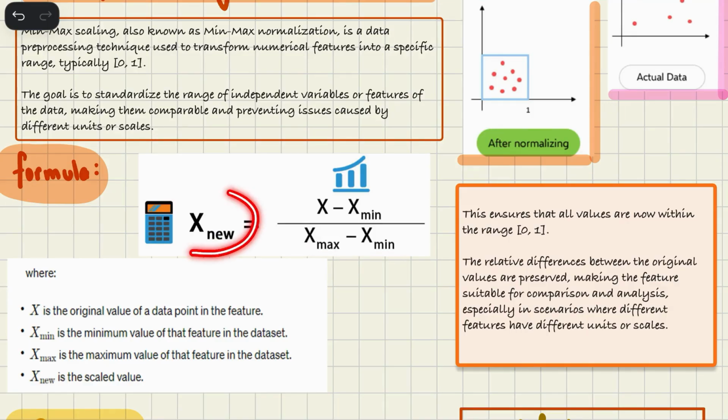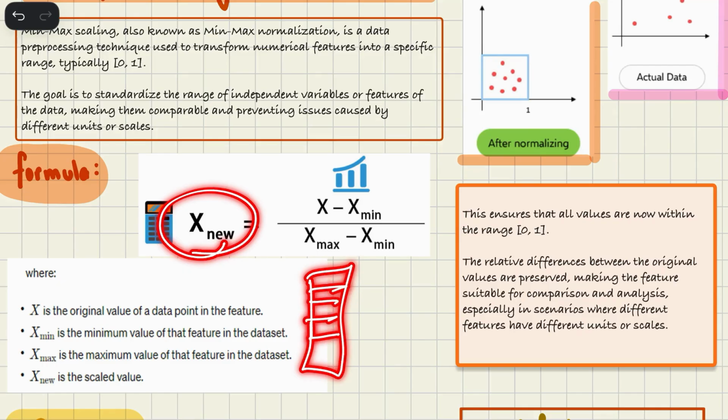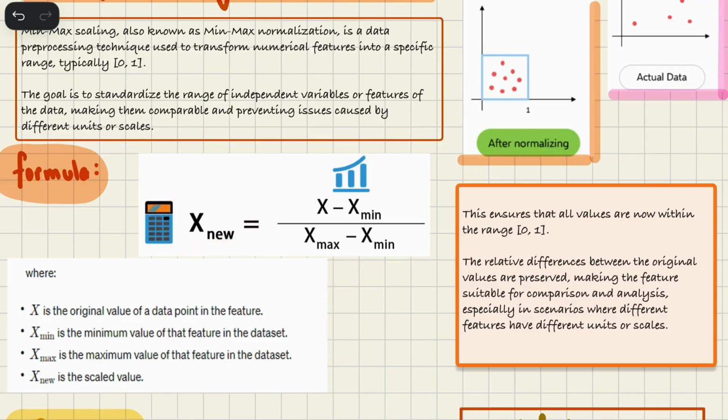This new value is now treated as a data cell in our column, in our data set, right? So first we identify the minimum value and the maximum value. After identifying that, we calculate the total range, that is max minus min, and then we calculate the actual value minus the min, and we divide that.